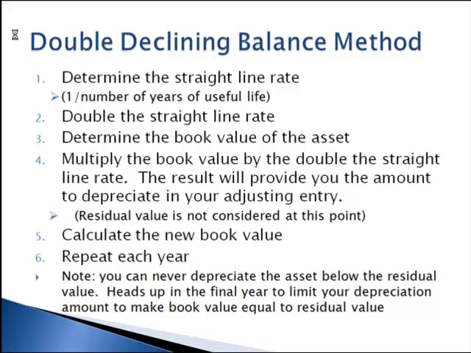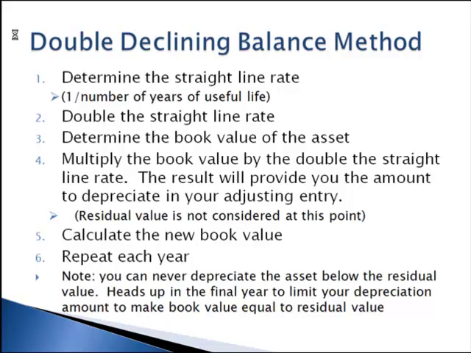So step 3, determine the book value of the asset for the particular point in time that we're talking about. Step 4 is to multiply the book value by double the straight line rate, which we determined in our discussion was 40%, but it could vary depending on the useful life of the asset under the straight line method, and we'll look at different examples of that as we work some exercises out of our textbook. The result will provide you with the amount of depreciation in your adjusting entry.